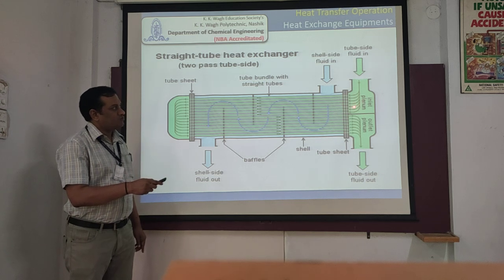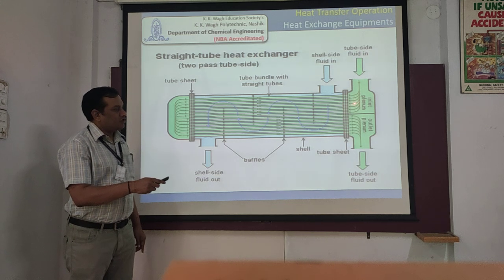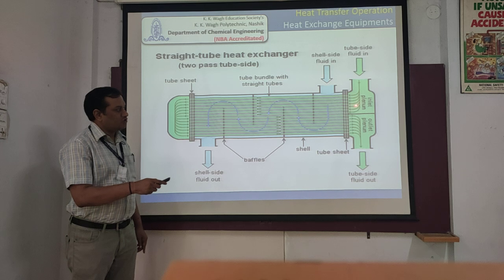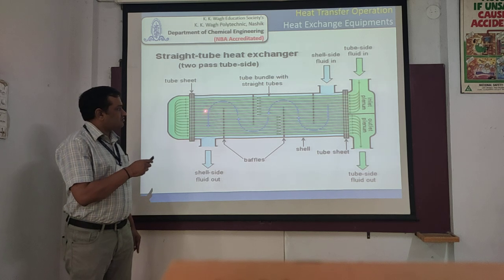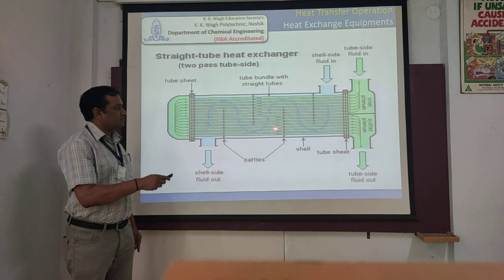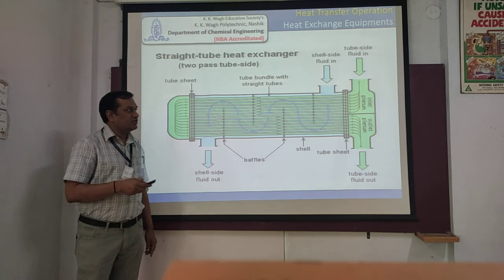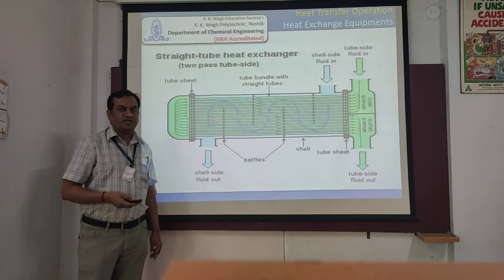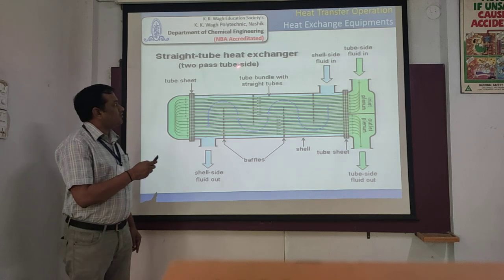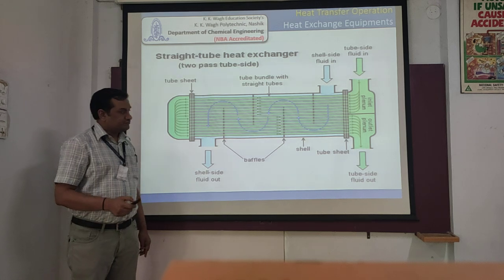You can observe that the tube side fluid, or the particles or molecules, are moving like this and then like this. So these molecules are moving along the length of the heat exchanger two times. That is why it is called a two pass tube side heat exchanger.